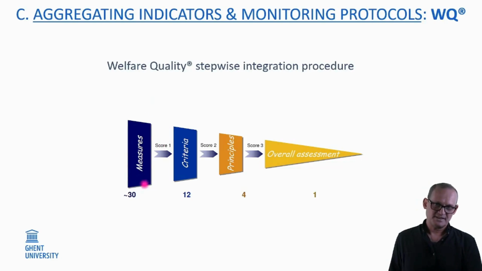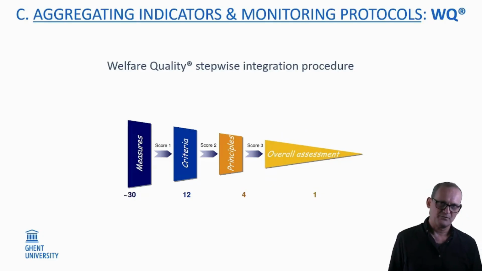That gives you measured data, which needs to be integrated to criterion scores. These are scores from 0 to 100 for each of the 12 animal welfare criteria. These are then translated into principle scores, also from 0 to 100, before then an overall animal welfare categorization is given, an overall welfare assessment.